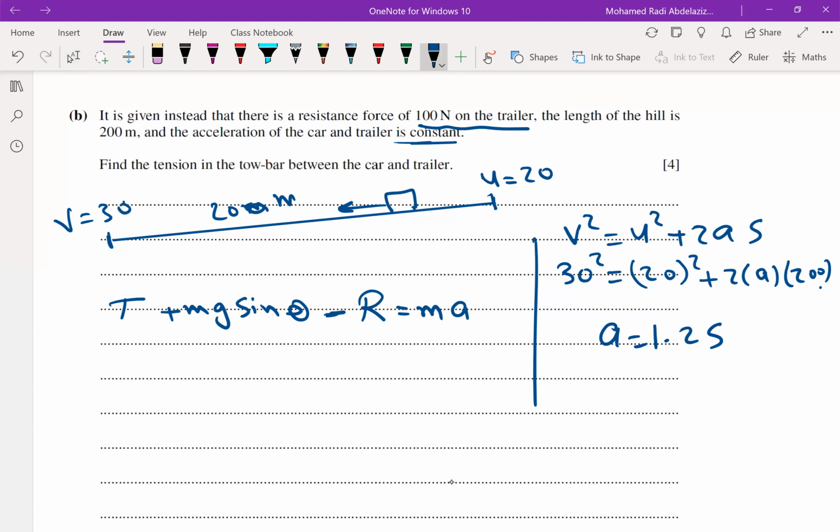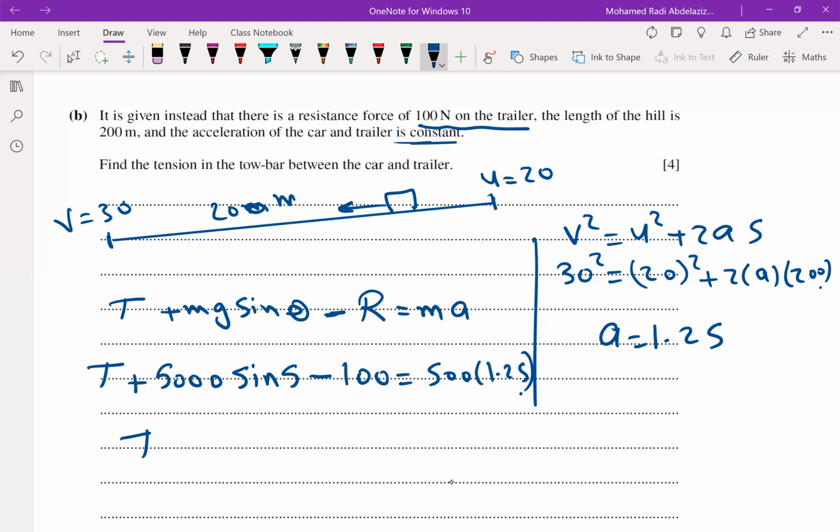If you look at the next equation, the tension, asked to find, the mass of the trailer is 500 times g times sine 5 minus resistance, which is given as 100, is equal to mass, which is 500, times 1.25.